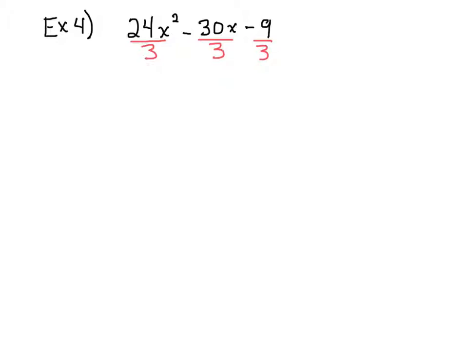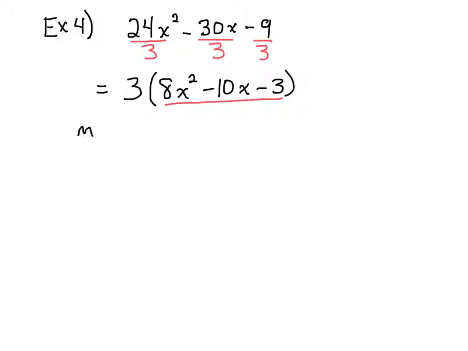Once we divide 3 out, we have to write the 3 out front of brackets so that it is included as a factor. And then we're left with 8x squared minus 10x minus 3 inside the brackets. We are going to factor this trinomial that's inside the brackets the same way we've been doing on the other slides.